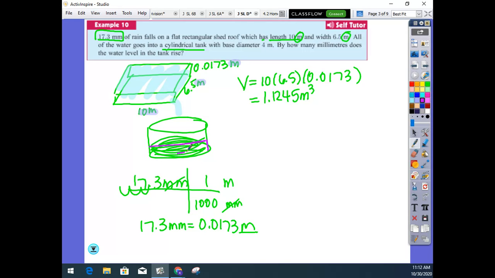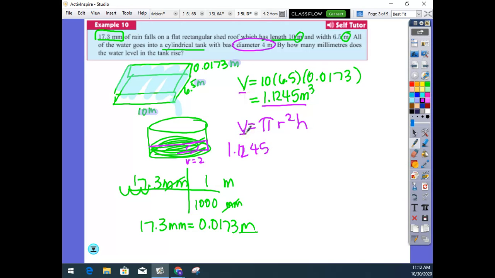All right, first of all, it tells me my diameter is 4, which means my radius is 2. So the volume of my cylinder is pi r squared h. All this rain drained into the cylinder, so it's the same amount of water.